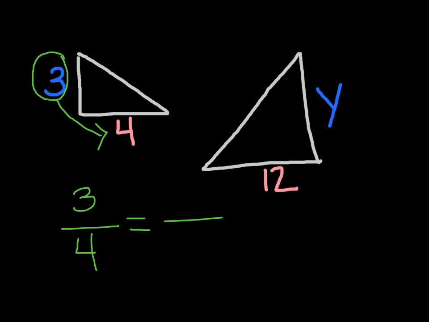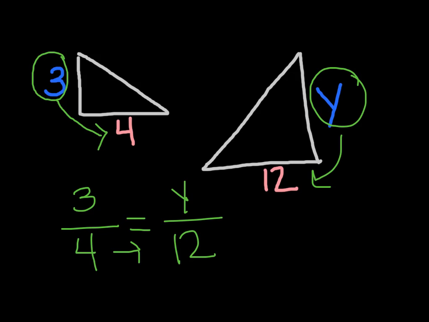So then on my second ratio, I would need to start with the same one on top, which is y, and then go to the bottom, which is 12. And then you just solve it. You can solve it as an equivalent fraction. That's times 3, so you could do times 3. So y is equal to 9.